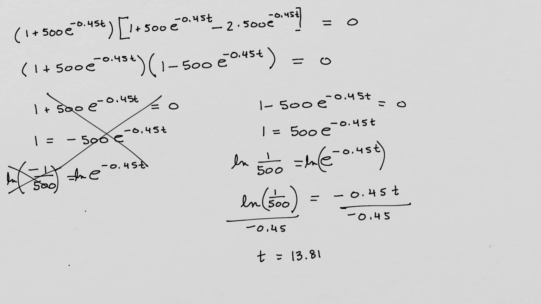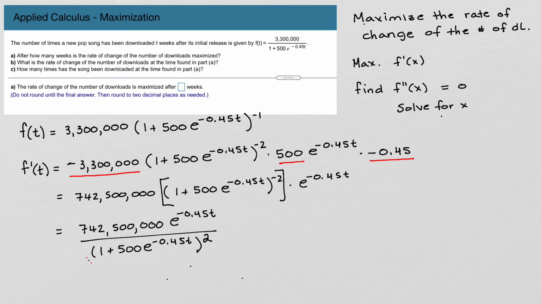Okay, so now let's go back to the original question. So this is going to happen after 13.81 weeks. And then in part B, we want to find the rate of change of the number of downloads found in part A. So I'm going to find f prime of 13.81. And that's just calculated by plugging into the formula for f prime of t.